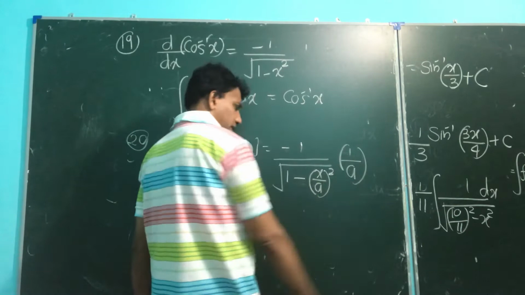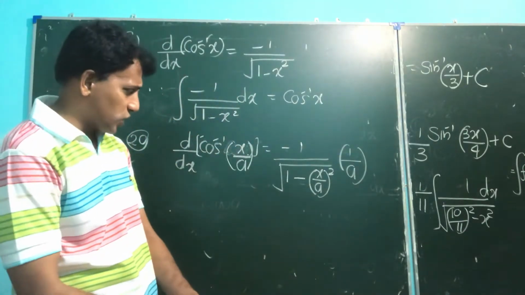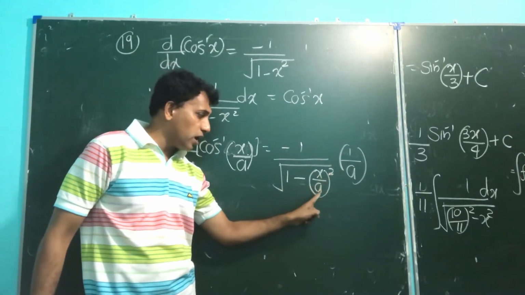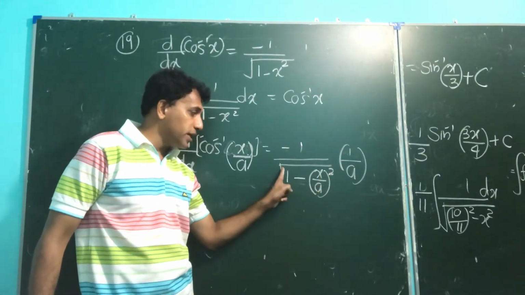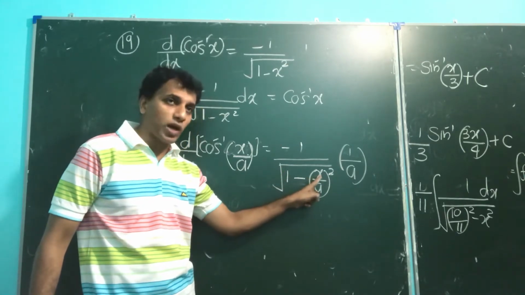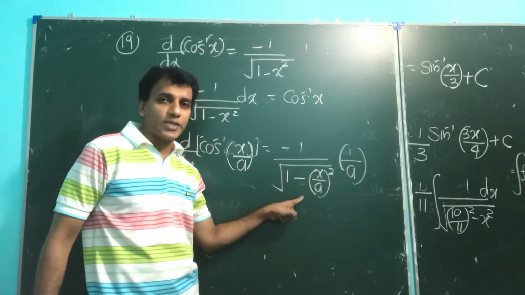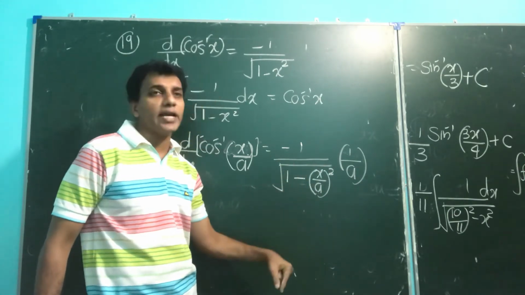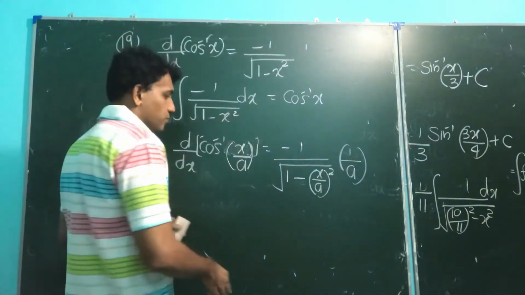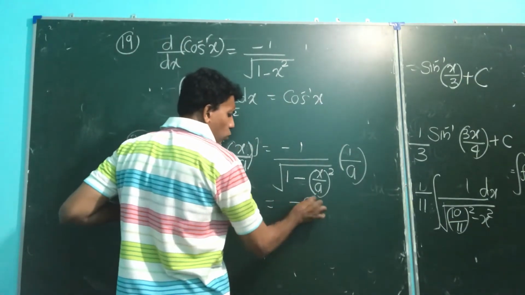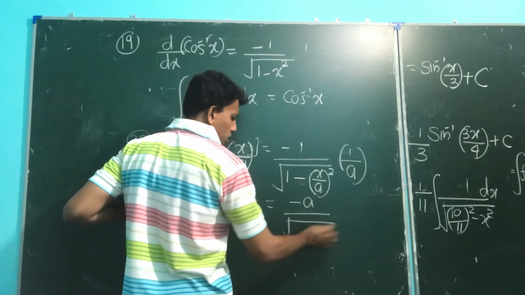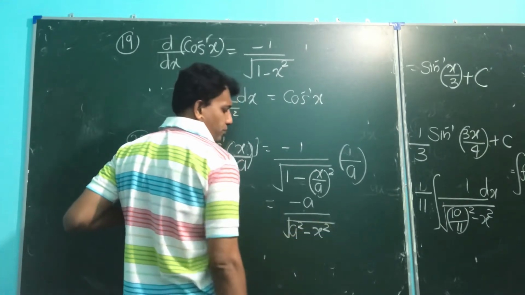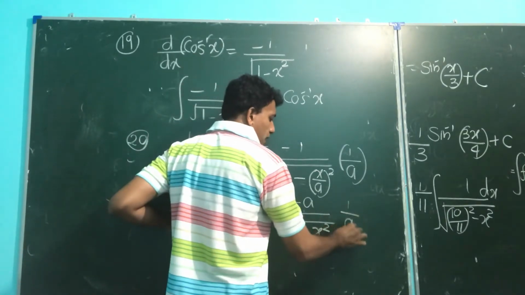So, as I explained earlier for sine inverse, the same idea of simplification applies. Simplify this: a square inside the root, it becomes a square minus x square, completely under LCM a square. But inside the square root, a square means outside it is a, so a goes up. Therefore, minus a over the square root of a square minus x square, into 1 over a.